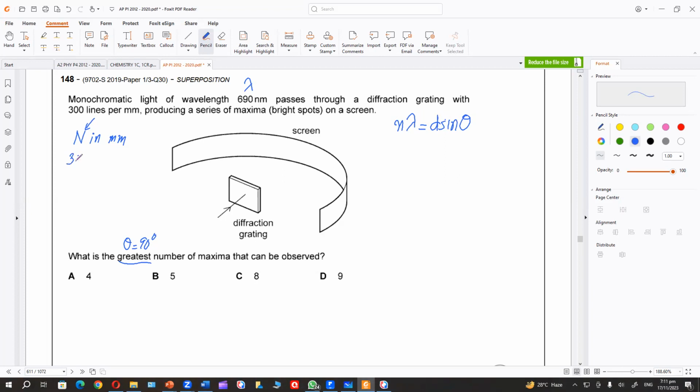So 300 lines per 1 millimeter. I want to convert it into meter. So if I put 1000 millimeter here, it will be 300,000 lines. So d will be equal to 1 upon N.